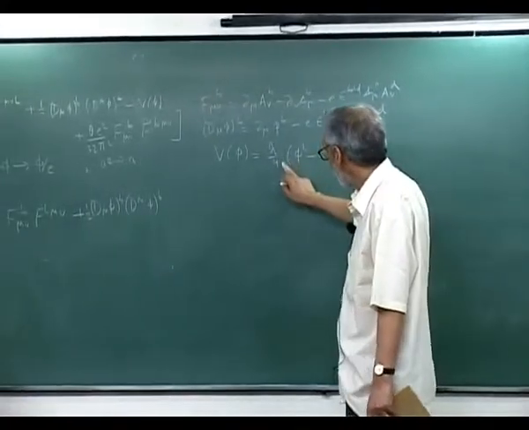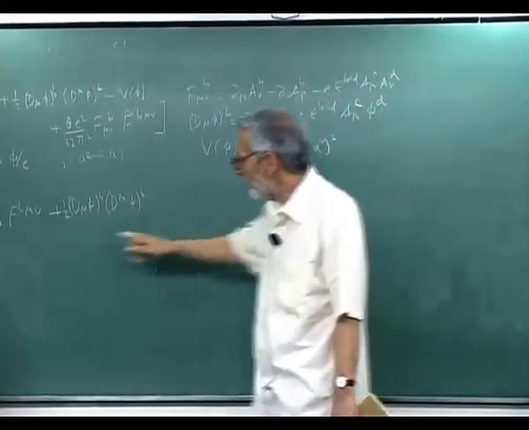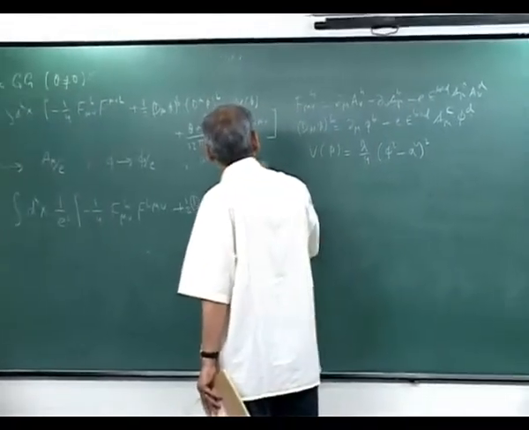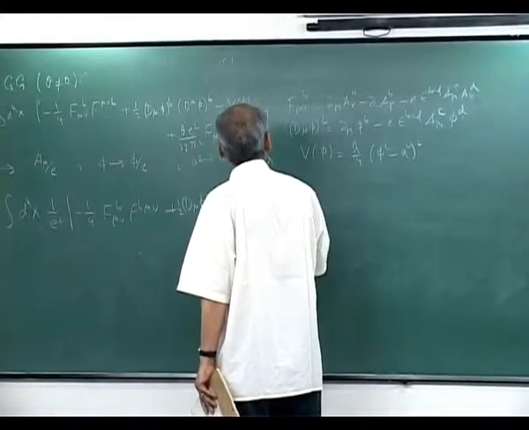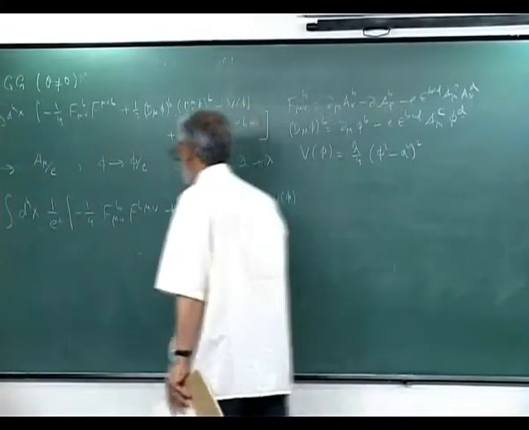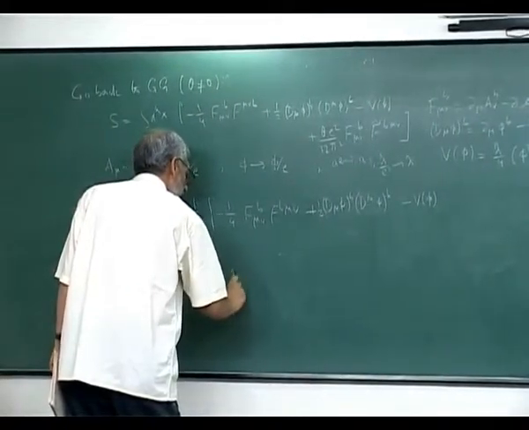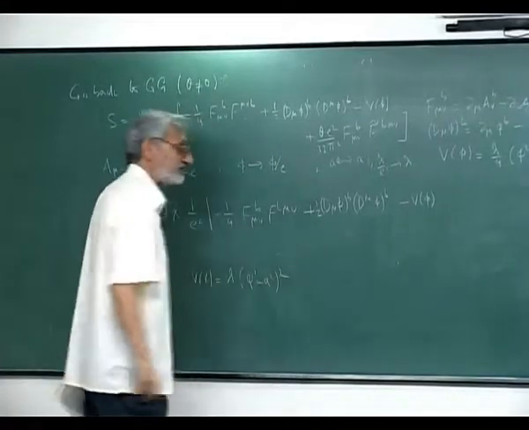But then I have here 1/e⁴. The e² I take out. I also redefine λ/e² to be the new λ. So V(φ) now is new λ (φ² minus a²) squared.